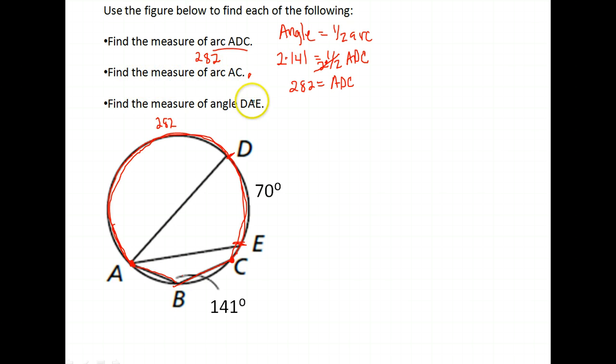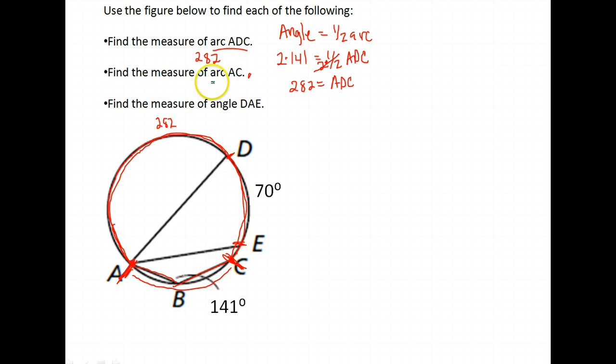Next, we're asked to find the measure of arc AC from A to C. So we're starting at A, going the shortest route possible to C. I know I'm going the short route because there were only 2 letters in the name of the arc. That tells you to go the short way. Well, what are we going to use for that? Well, we just found the rest of the circle going from A to C the other direction. So we have whatever's left over here.